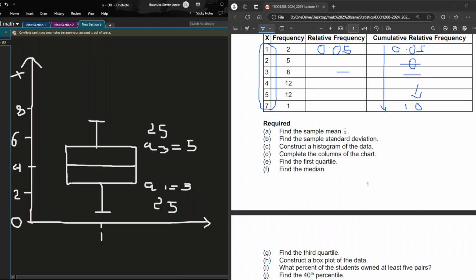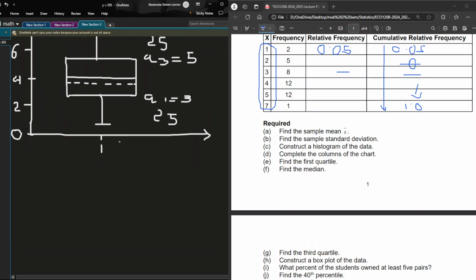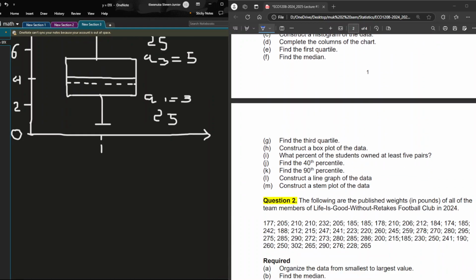Then our median was 3.77, and it has to be dotted. You can write them here if you want, but maintain the neatness since it is small. Hope we've all got that.